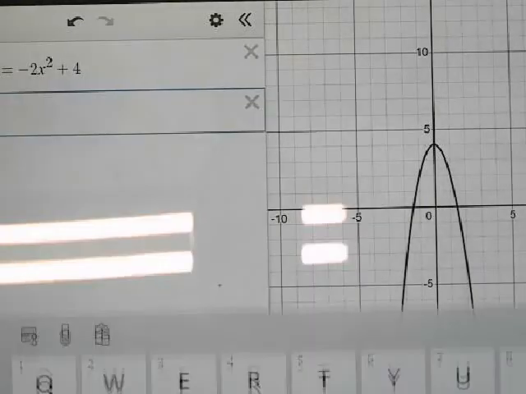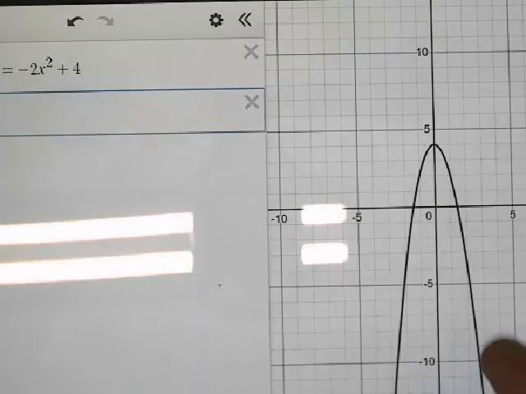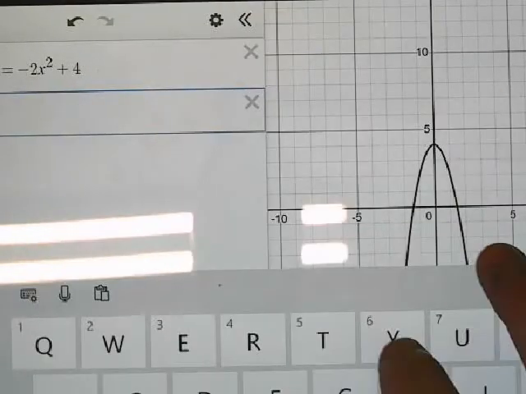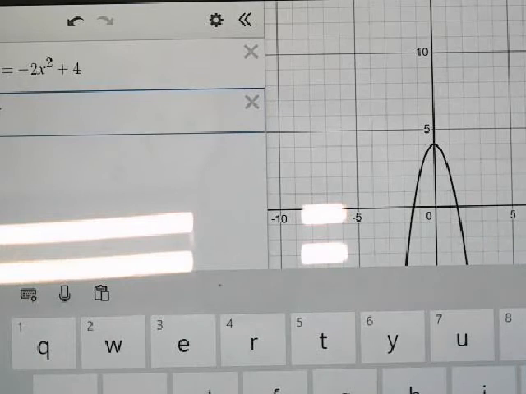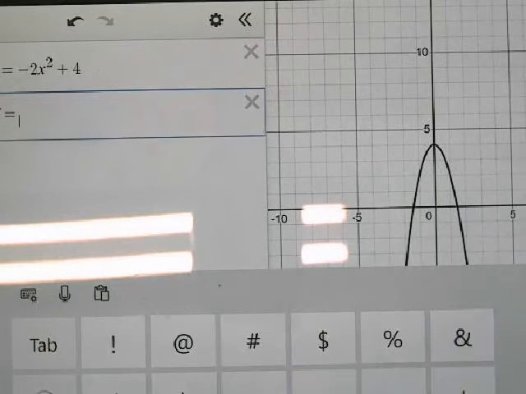Okay, let's check our secant line. We said that the equation for our secant line was y equals negative 4x plus 4.